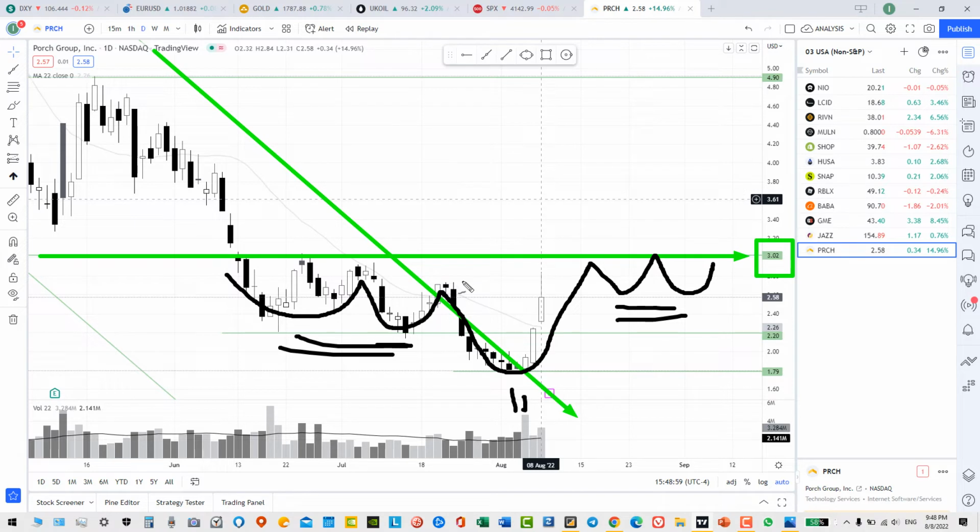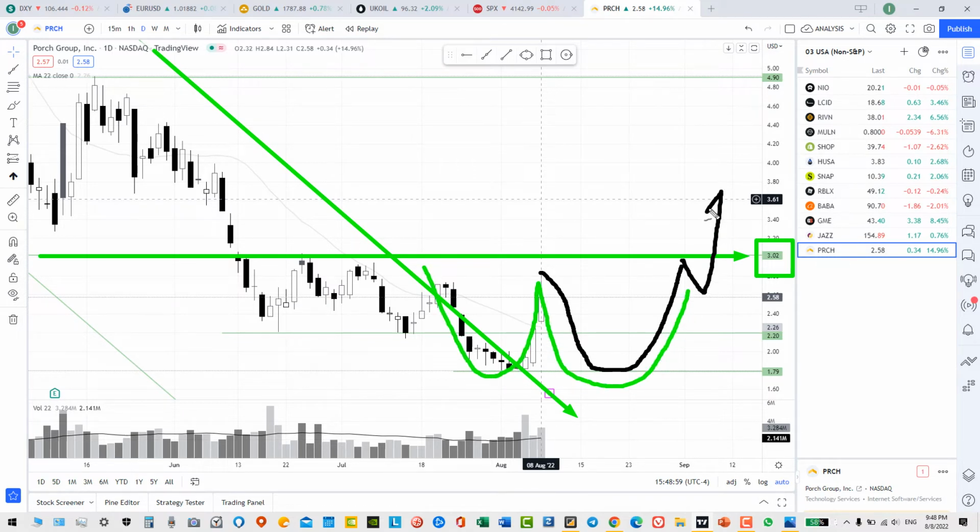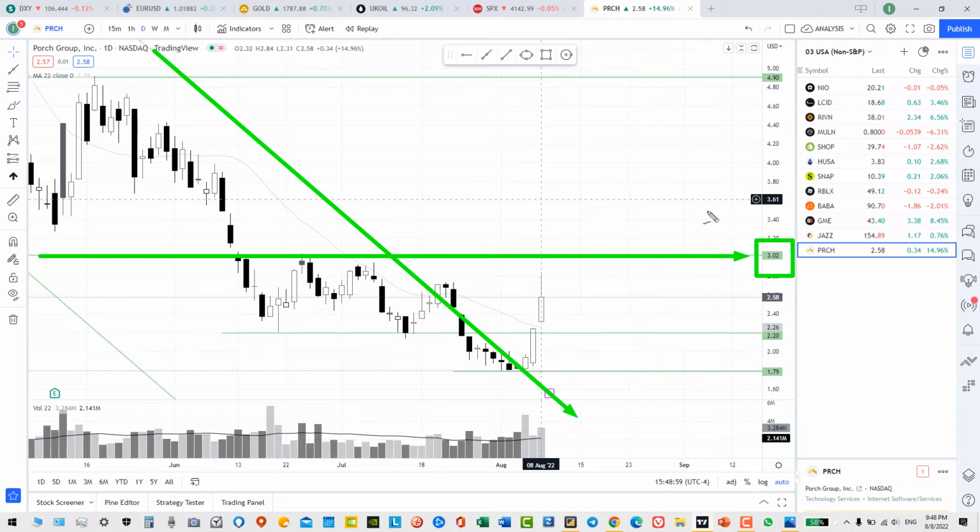It may do it in a different scenario by moving another time to the downside, then returning, forming a kind of double bottom, then breaking through the resistance around $3. A third possible scenario is that it just breaks through the $3.